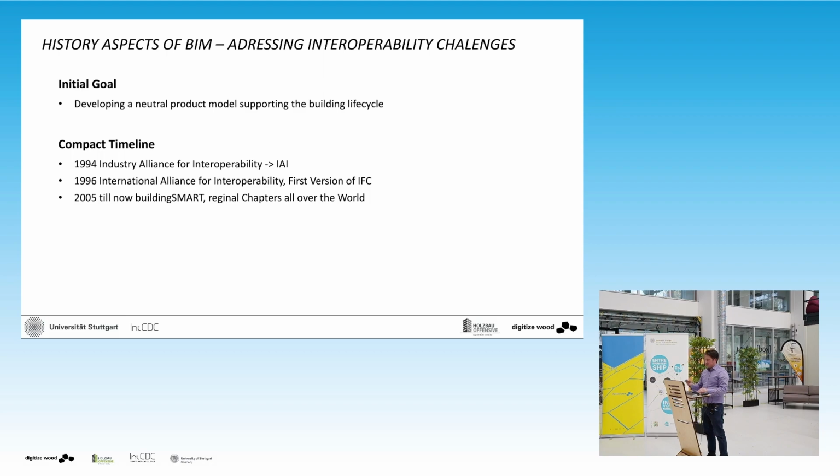And there was another change of the group name that was then called buildingSMART, and I think they wanted to be a bit less nerdy, and I think that was a name change, and also the processes were more in focus from that time on, and they have different chapters where they define the standard all over the world and try to find a commitment about the standard.